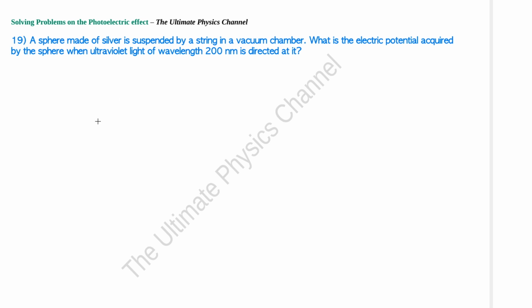A sphere made of silver is suspended by a string in a vacuum chamber. What is the electric potential acquired by the sphere when ultraviolet light of wavelength 200 nanometers is directed at it?